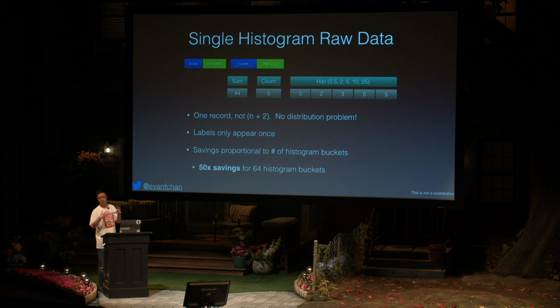The same thing happens when we send raw data over, is that we are only transmitting the label values once. So first of all, we get some nice benefits in terms of the atomicity and in terms of distribution, that we don't really have to worry about the distribution problem. The other thing is that this ends up saving a huge amount of I/O and storage.